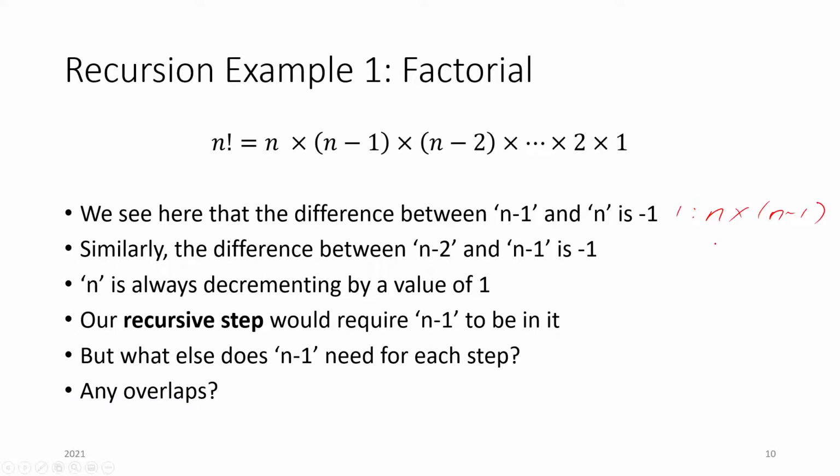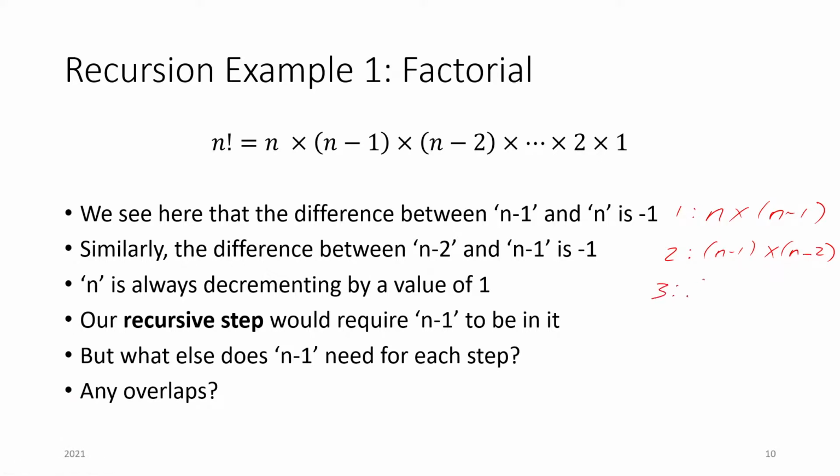Then we know it's going to be n by n minus 1, and we have that. What's going to be our second instance? Our second instance here is going to be n minus 1 by n minus 2. What's going to be our third instance?